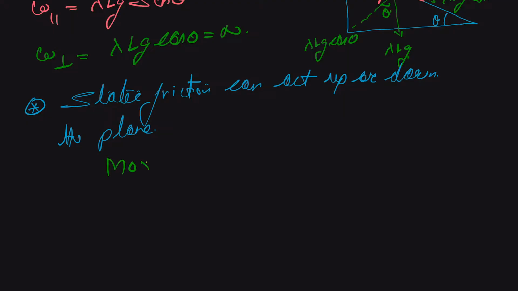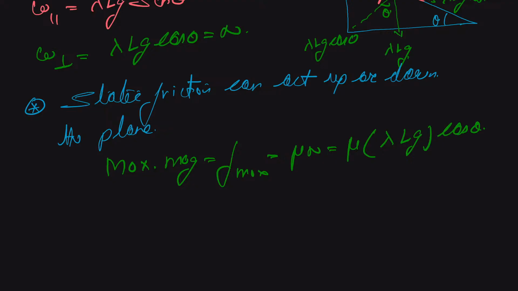So we can say its maximum magnitude, F max, will be equal to mu times N, and this comes as mu lambda L g cos of theta.